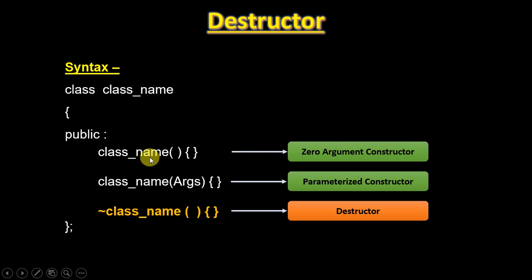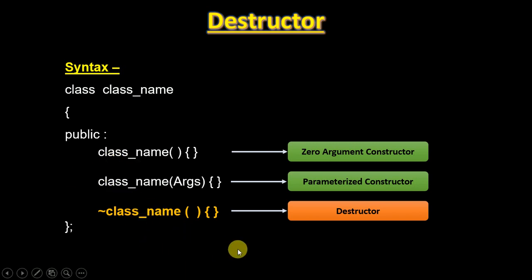If you observe, the zero argument constructor and the destructor have the same function signature, but the only difference is this tilde operator. If you remove the tilde operator, then it will be a zero argument constructor. So don't forget to put the tilde operator when writing the destructor. For the zero argument constructor there won't be any tilde operator; for the destructor there will be a tilde operator, and it should be the same as the class name. Generally all these constructors and destructors have to be present under the public access specifier.